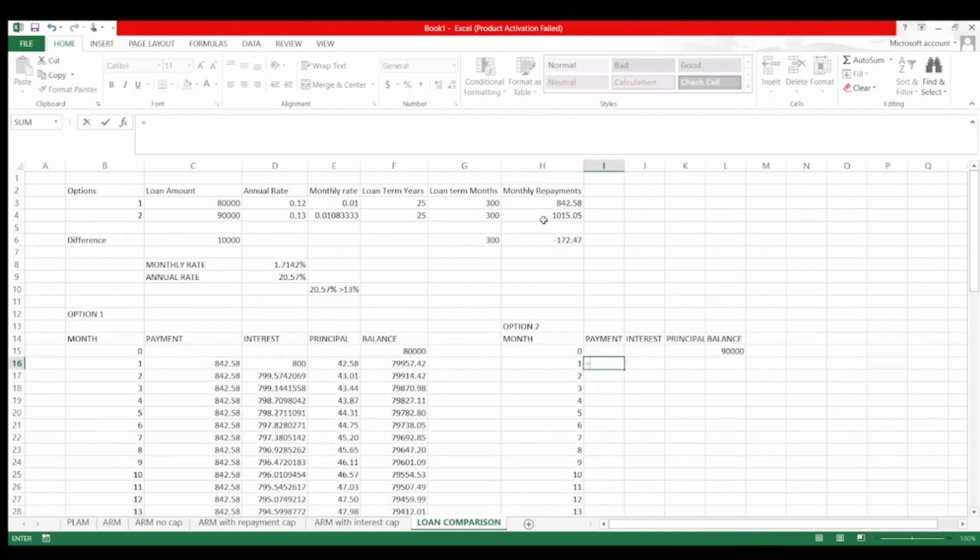So repayments are 1,015. For the interest rate, 0.0108 multiplied by the balance.